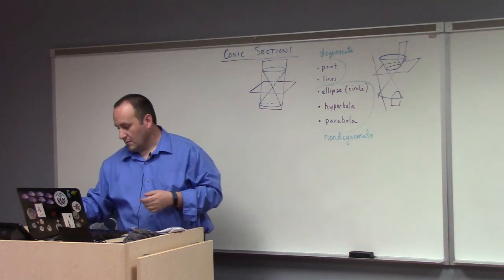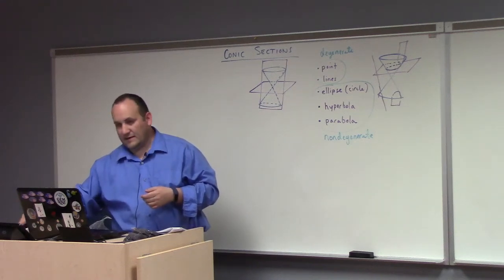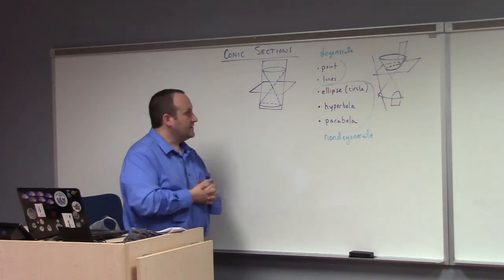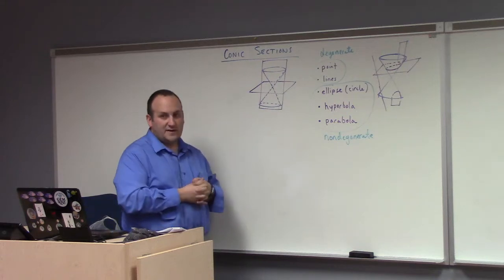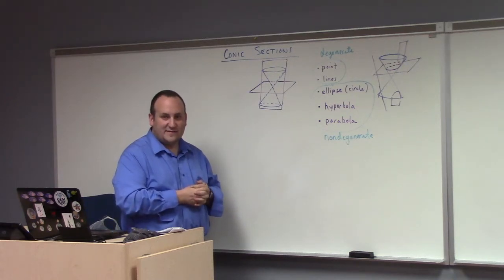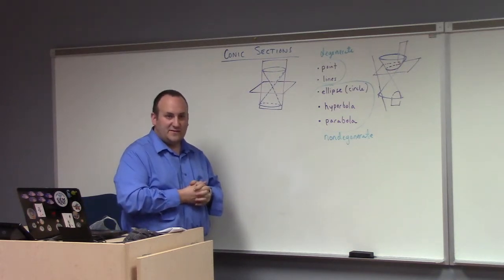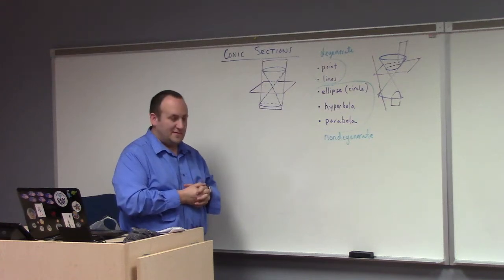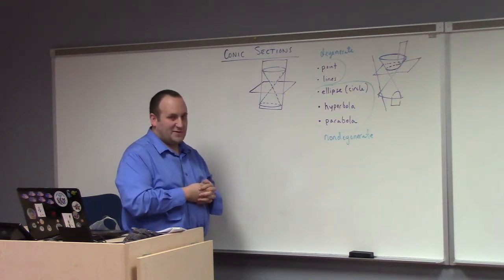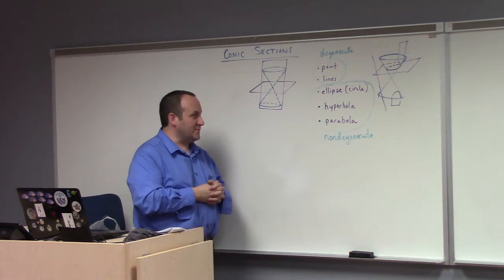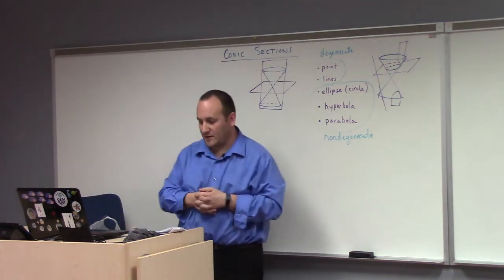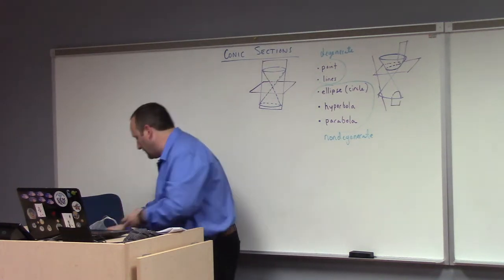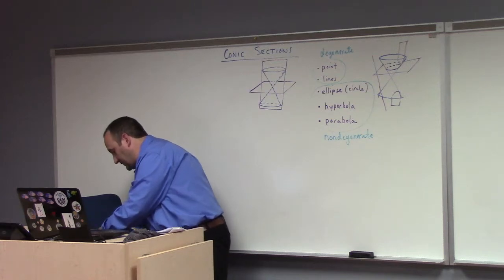Now, if you wanted to prove something about a conic section from this perspective, it's really quite horrible, because you have to think about how to visualize cutting cones into particular slices and proving properties about cones which are cut in particular ways. It seems quite horrible to me to prove anything about conic sections from this viewpoint. So I much, much prefer the following definition for conic section.